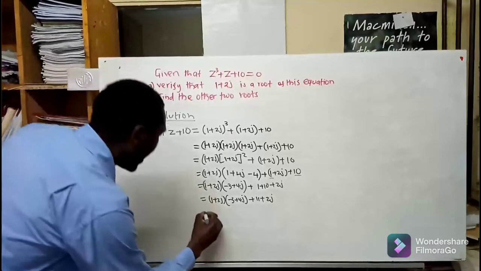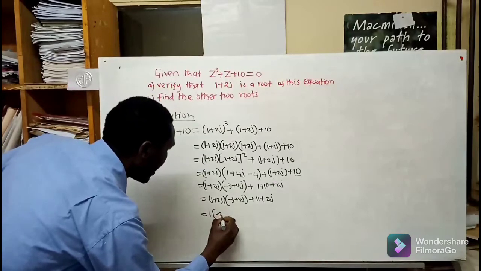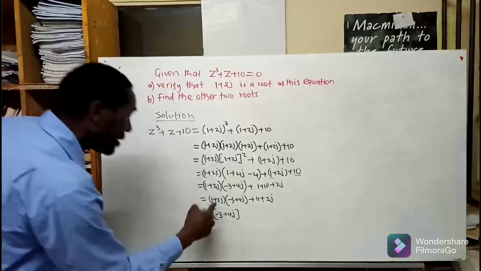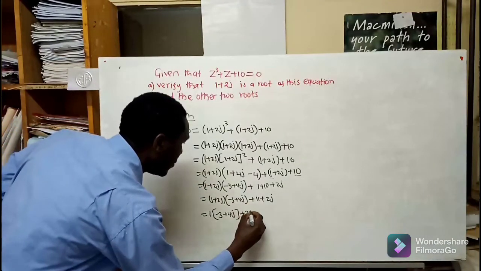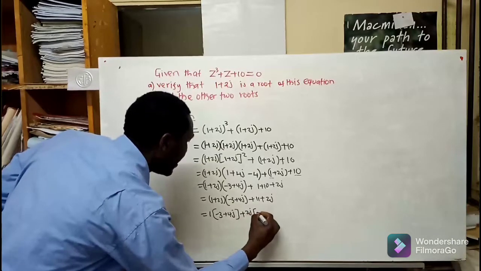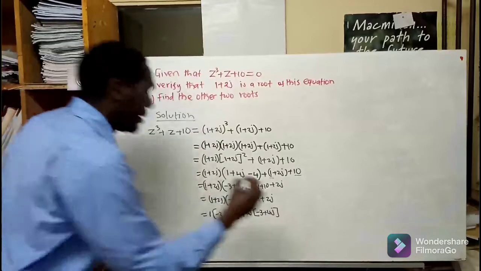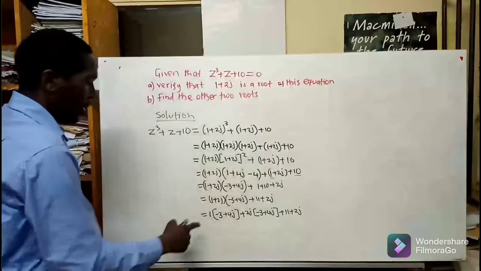Right? Now we have 1 into, we are opening this bracket by 1, negative 3 plus 4j. We open the same bracket now by positive 2j. So plus 2j into bracket, negative 3 plus 4j. Close the bracket. We add 11, we add 2j.